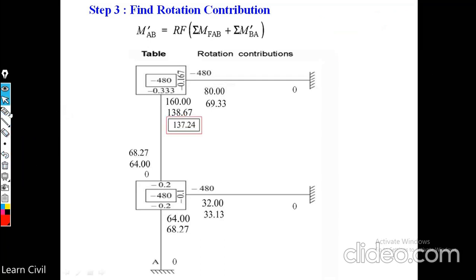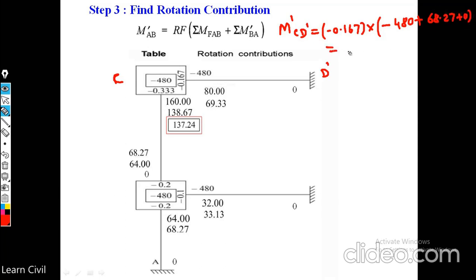Okay. Next, we have to find out the rotation contribution for member CD dash. So M dash CD dash is equal to rotation factor for CD dash, that is minus 0.167, multiplied by summation of fixed end moment at joint C, that is minus 480, plus rotation contribution at far end, that is 68.27 plus 0.